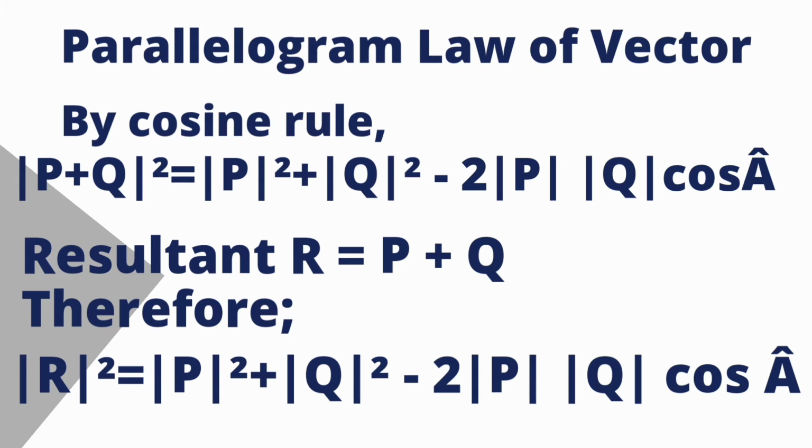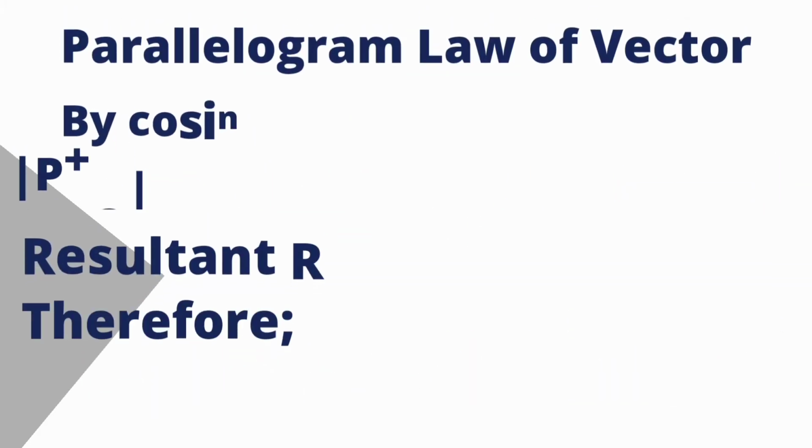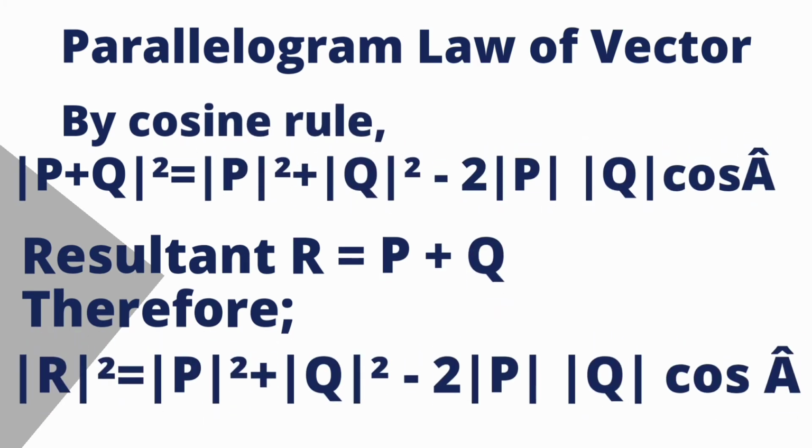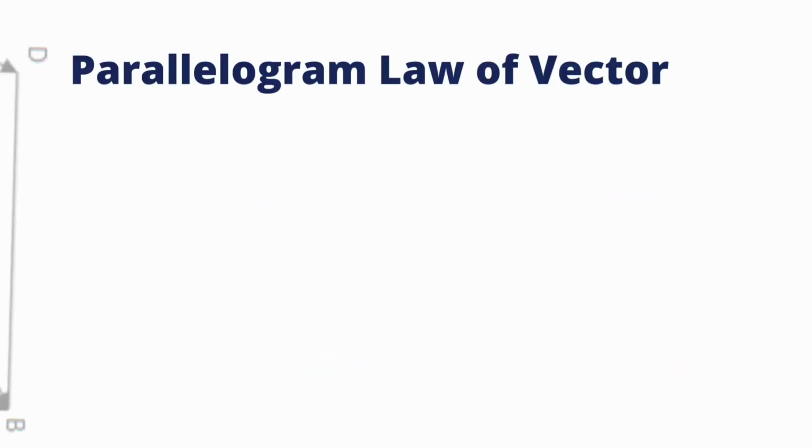Now, the two vectors are P and Q. Cosine rule is applied when you have two sides of a triangle with an angle and one unknown side. The first side in this case is P, the second side is Q, and the third side is R, that is the resultant. And the known angle is angle A in this case.